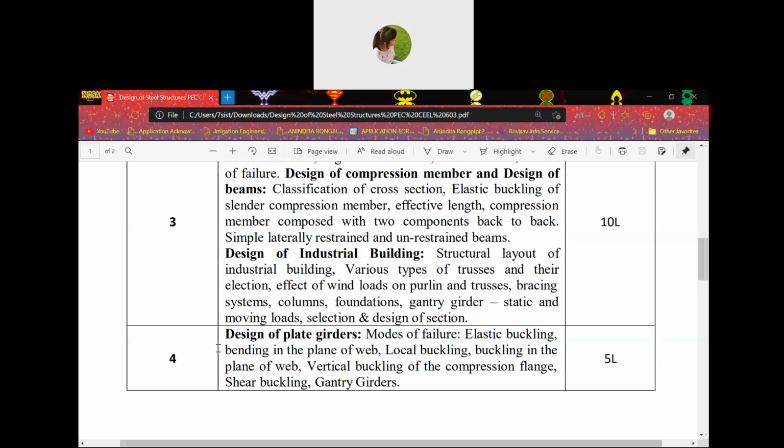Next I'll continue with unit number 4, which is Design of Plate Girders. In plate girders, we'll study the different modes of failure of a plate girder: elastic buckling or bending in the plane of web, then local buckling and buckling in the plane of web again, then vertical buckling of the compression flange, and shear buckling, and gantry girders.